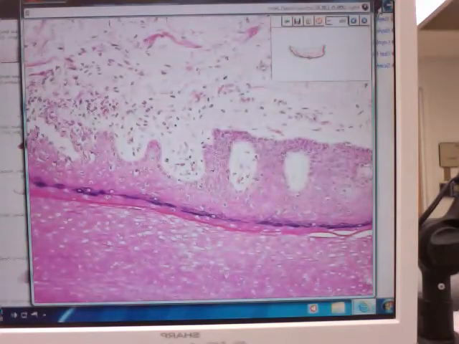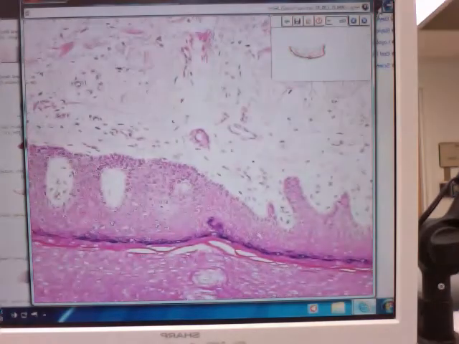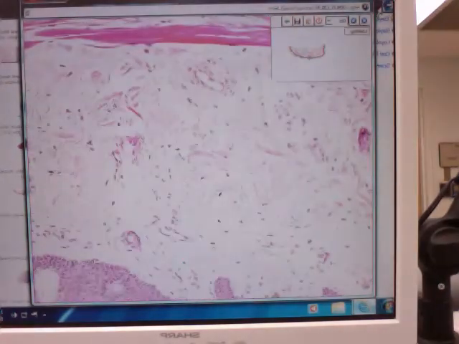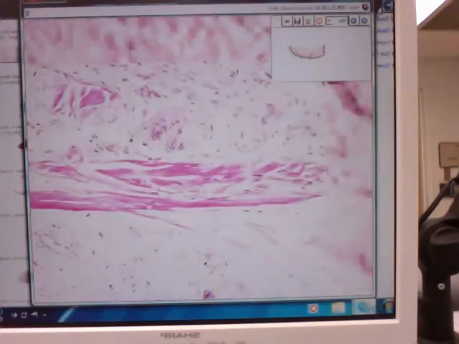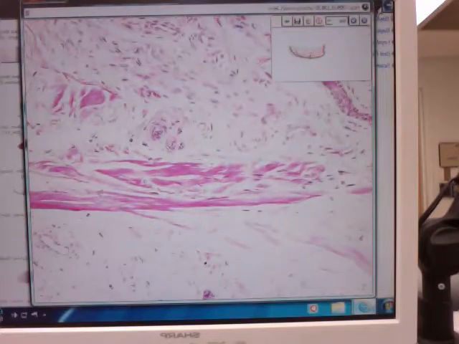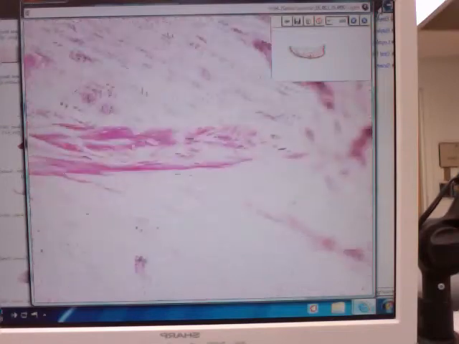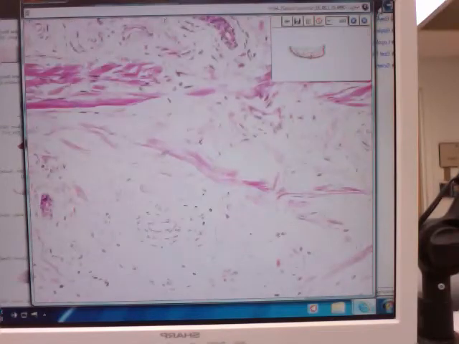Stratified squamous. And then when you look just deep to the epithelium, all this area through here is loose connective tissue. Then when we get further out, you start seeing that transition from loose to dense irregular. And when you get out here, you start seeing big, thick bundles of collagen fibers. This is all dense irregular.